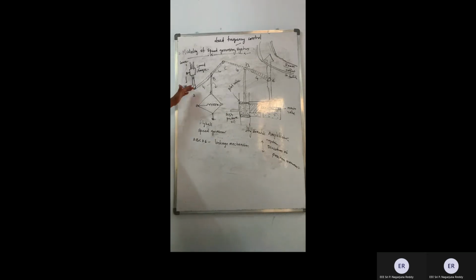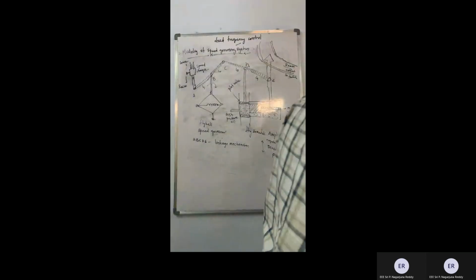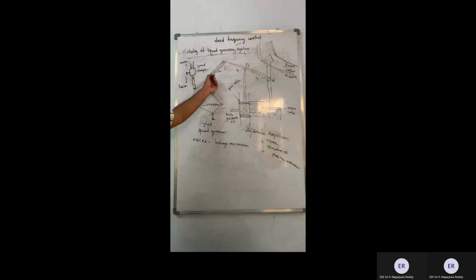If you carefully see, A, B, C, D is going to be a linkage mechanism, which will be very stiff, assuming that B and D are the pivots, which means it is just like a seesaw. B is the pivot, A and C will be moving like this. It is pivoted at B. A and C can move, but B is pivoted.